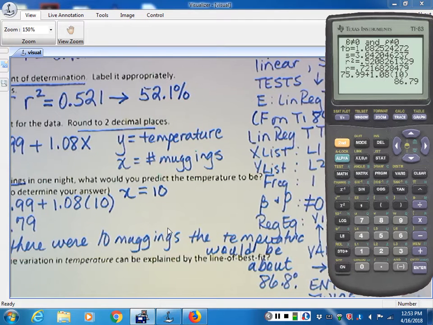That's what that line is for, is to predict. You can take an X value and predict what Y would be.